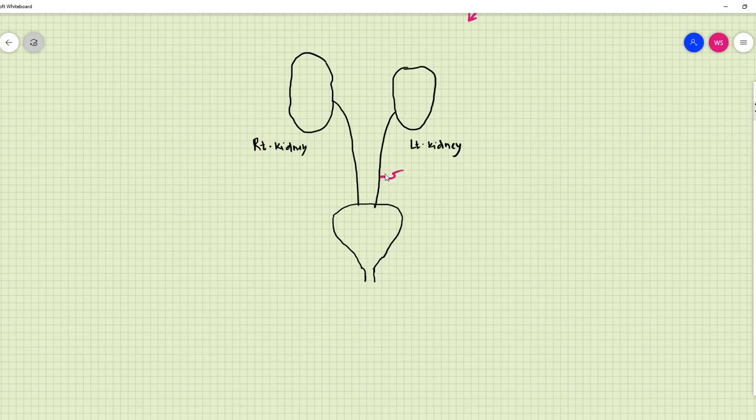So this is the ureter, this is the bladder, and that is the urethra. And there are valves here.